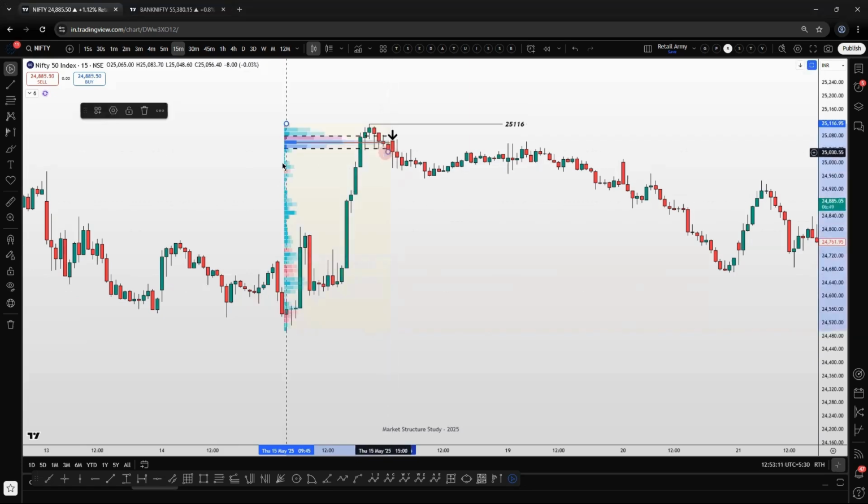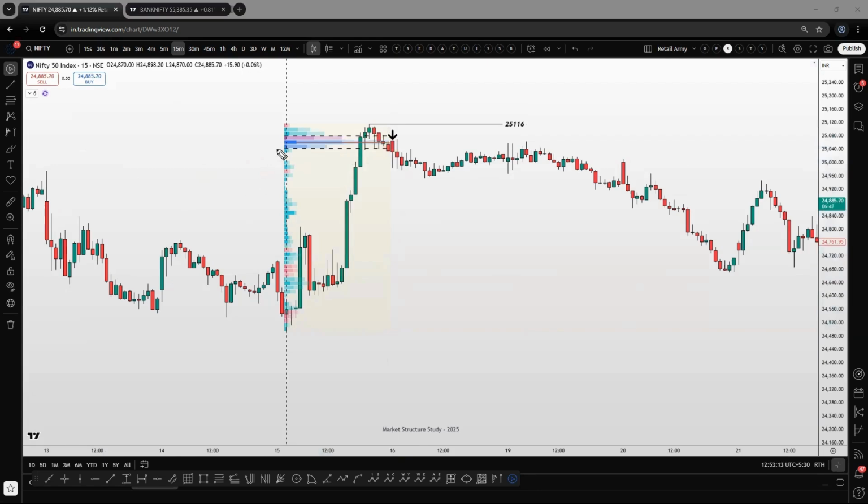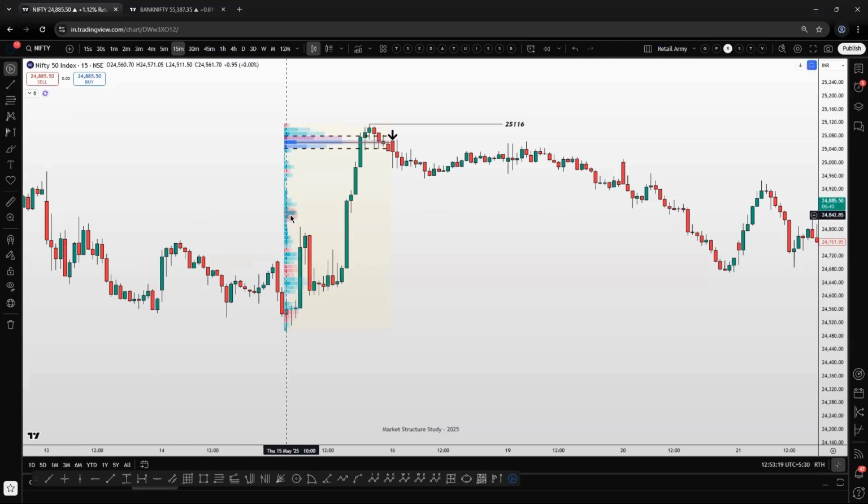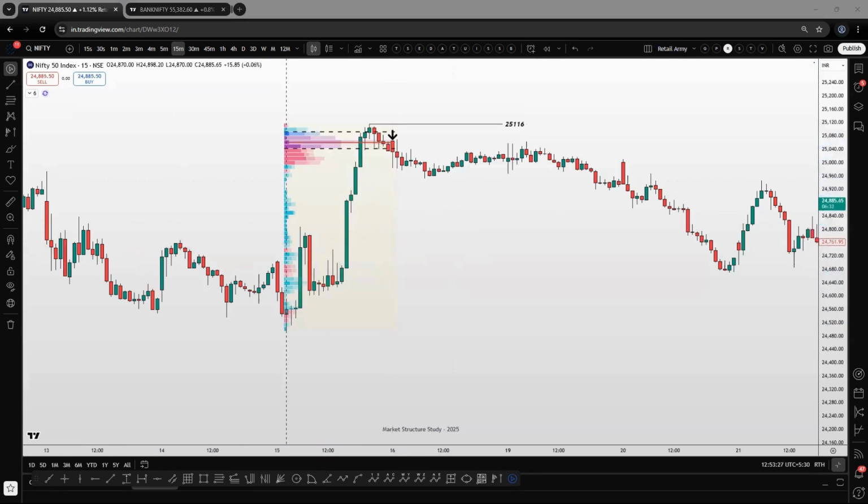Before we go on to the next candle, what do you see here? There's blue color, right? Enough blue color is there at this point. What we are going to do now is shift this one more candle. What do you see now? Just in one single candle, everything has become red, right?